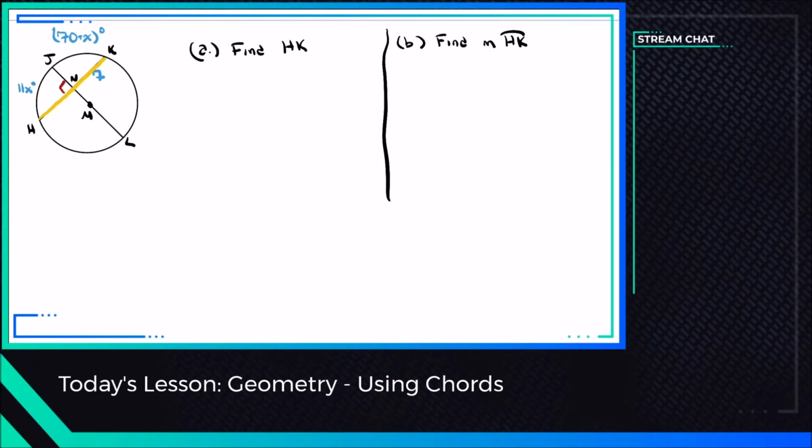We know that if a diameter is perpendicular to a chord, then it bisects that chord. And so each side of those is congruent, so we just have to add them up. So HK is going to equal 2 times the length of NK, or 2 times 7. And so HK is going to equal 14.